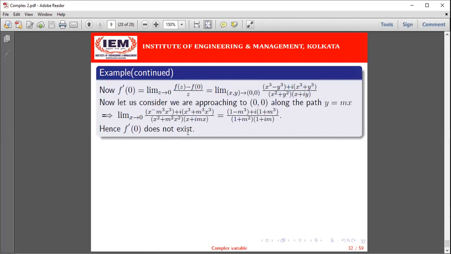Is that clear? Is that clear or not? Have you understood this?